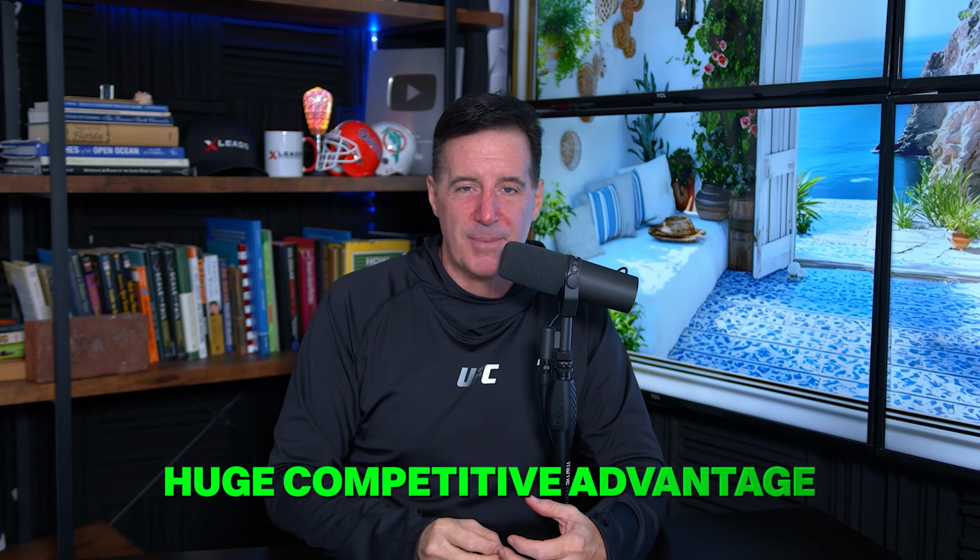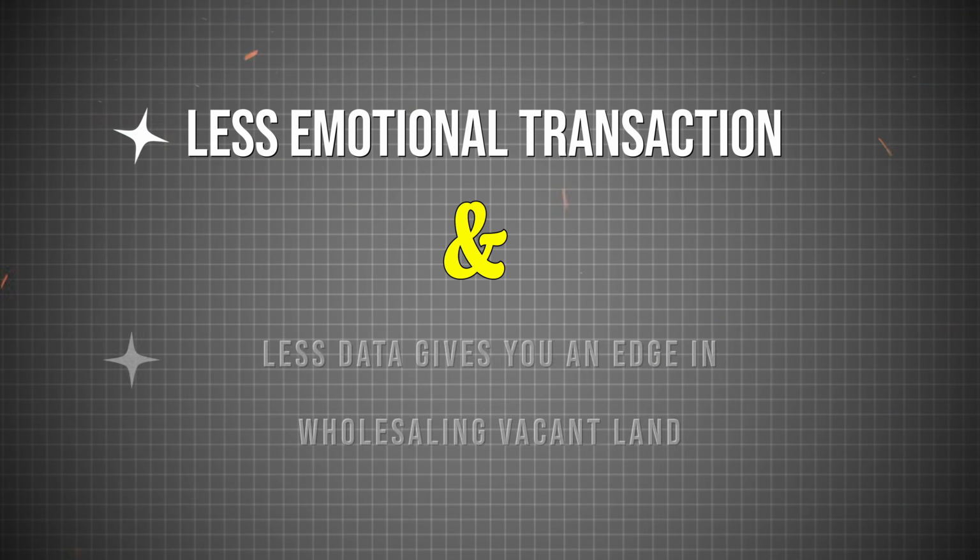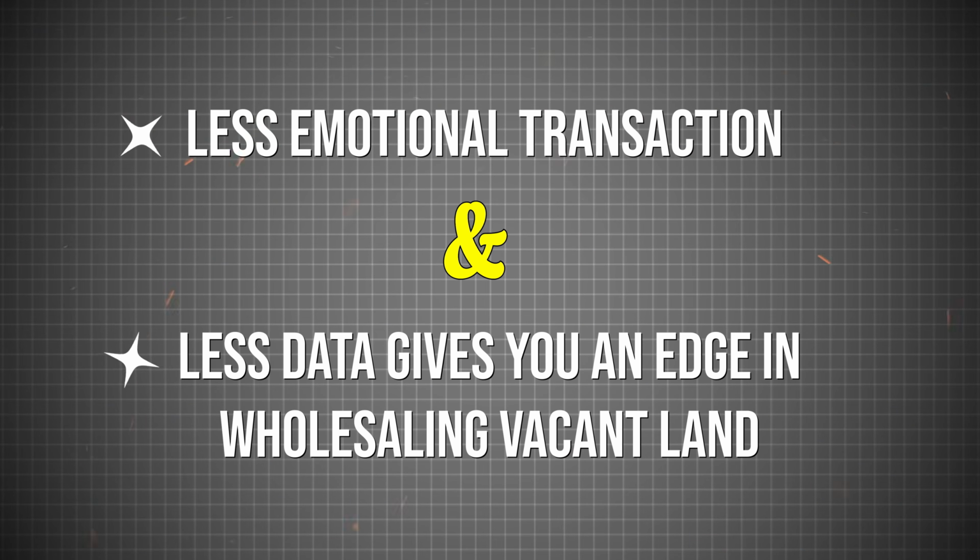Zillow can tell anyone any day of the week the value of their house very close to the actual value. When it comes to vacant land, it is the complete opposite. With very, very few data points, most software is completely guessing what the value of the land is. And honestly, guys, this gives you a huge competitive advantage. So these 2 things, less emotional transactions and less data, are going to give you a competitive advantage if you start out wholesaling vacant land.